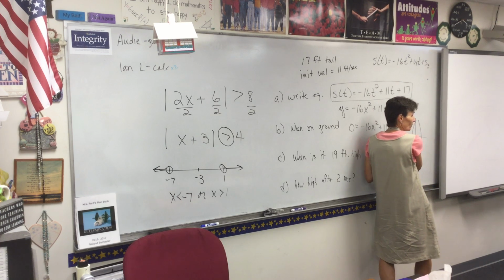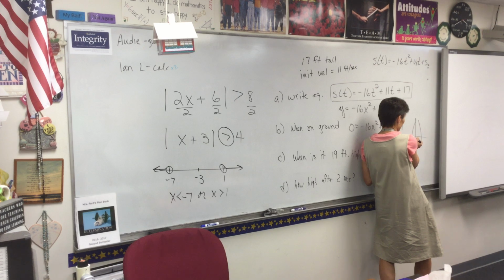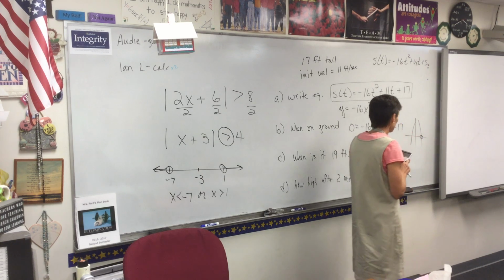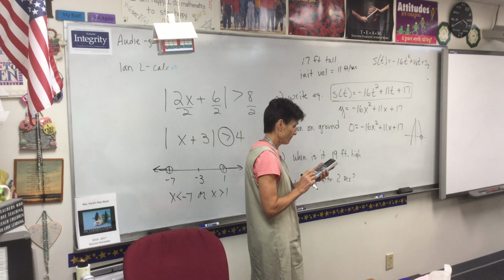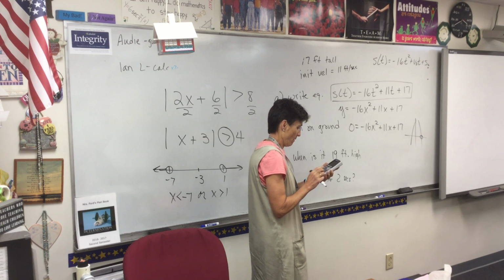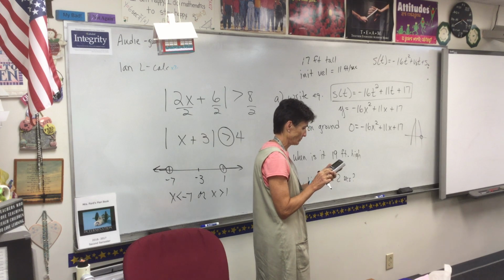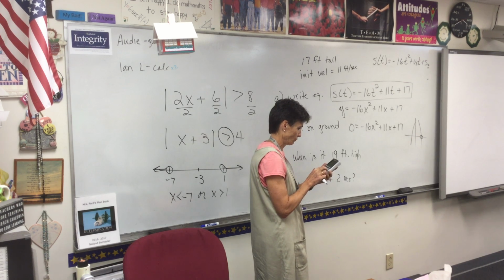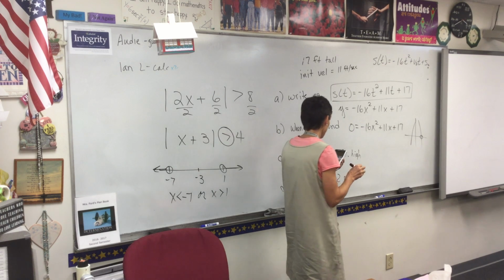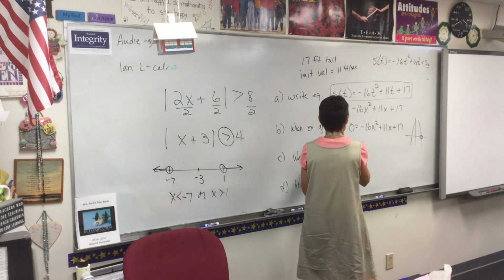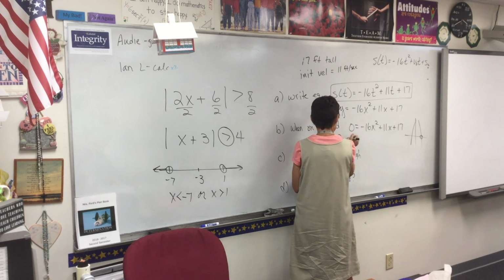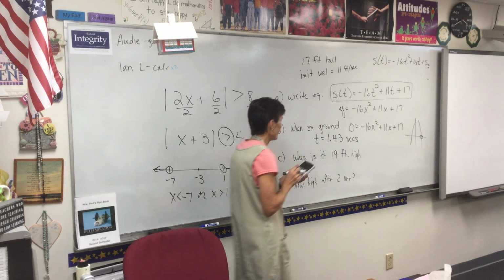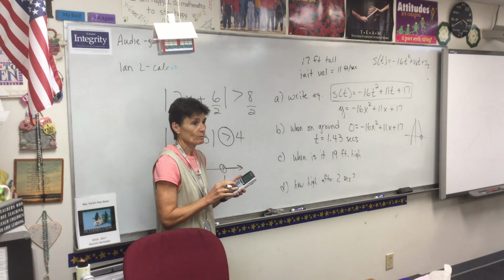I don't really want that one, do I? Because what would this one represent? A negative time? So I only want that one. That's the only one I want. So second calc, zero. And I got about 1.43. When is it on the ground? About 1.43 seconds.